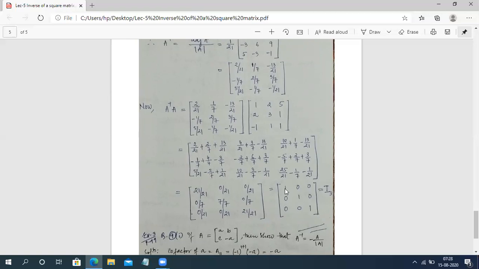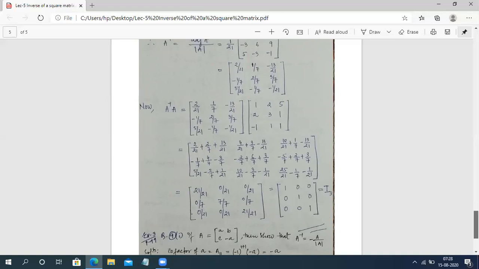And this is your 1 0 0, 0 1 0 and 0 0 1, and that is equal to the identity matrix of order 3. Since A was a square matrix of order 3, multiplying A inverse with A, we get the identity matrix of the same order.